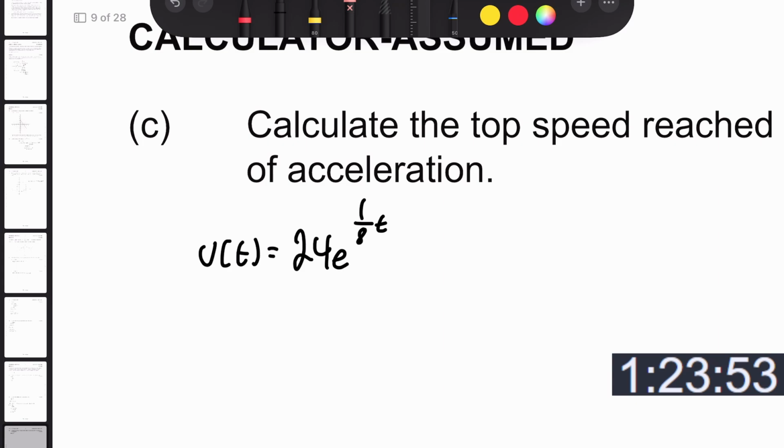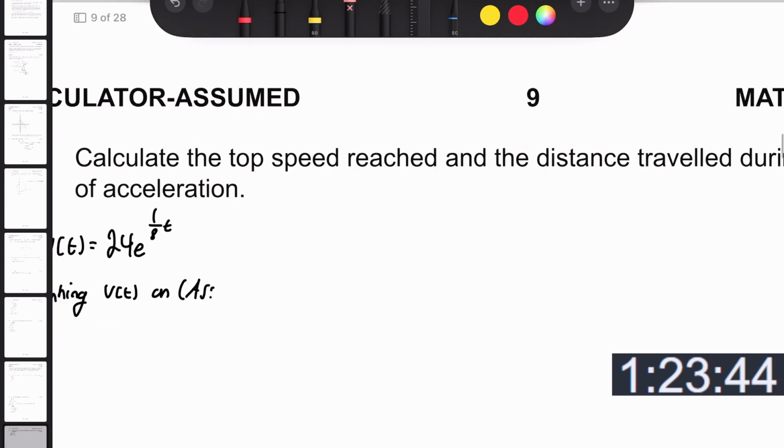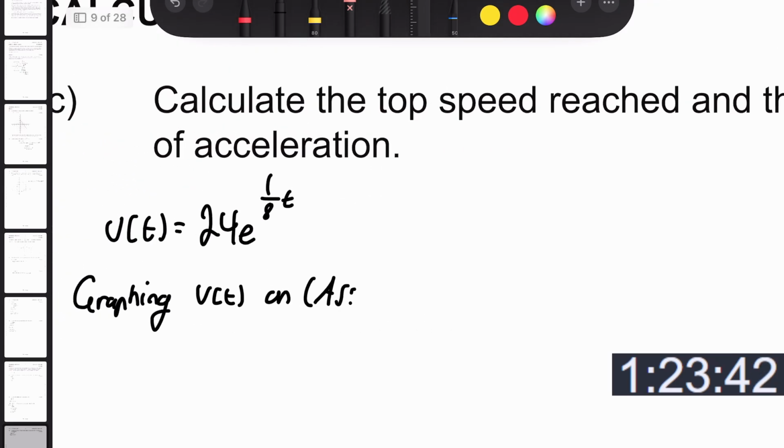And the distance traveled, so then graphing v of t on CAS, because I really don't want to do all that algebra, and it's only 4 marks, and we're probably going to get a mark or 2 for distance anyway. So I don't think they're expecting much to find this, but let's do 24 e to the 1 on 8 of x.